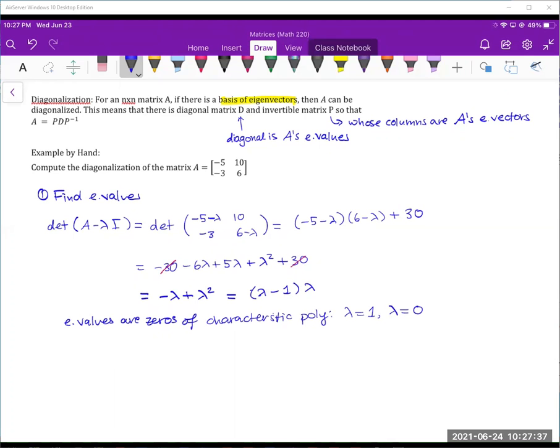Once we know our eigenvalues, we can find our eigenvectors. These are going to be solutions to A minus lambda I times v equals the 0 vector.